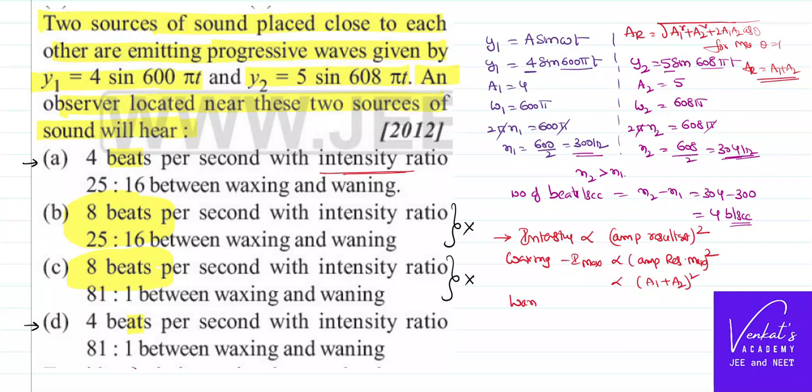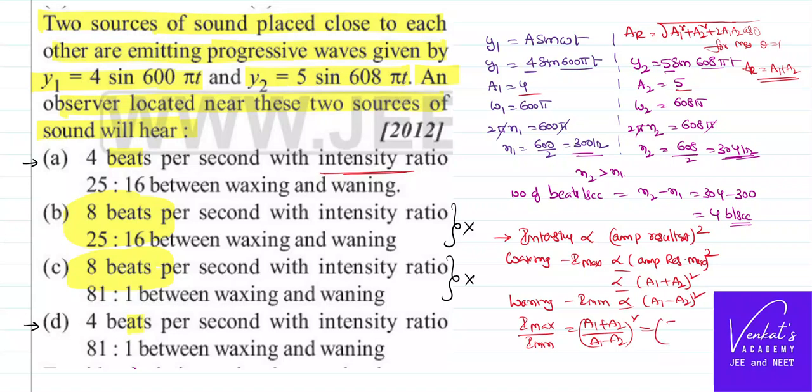Next one is waning. Intensity is minimum. That is directly proportional to A1 minus A2 whole square. So you want a ratio of waxing to waning, that is I maximum to I minimum, as the proportionality constants will be the same, both of them will cancel. A1 plus A2 by A1 minus A2 whole square, where A1 is 4, A2 is 5.